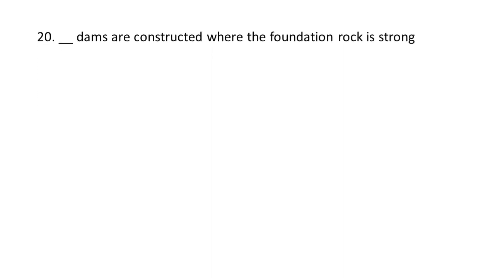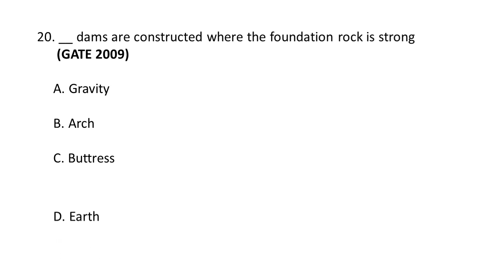Next question. What type of dams are constructed where the foundation rock is strong? A. Gravity, B. Arch, C. Buttress, D. Earth dam. The correct option is A. Gravity. Gravity dams are always constructed where the foundation rock is strong, as their stability relies entirely on their own weight, which resists the water pressure.